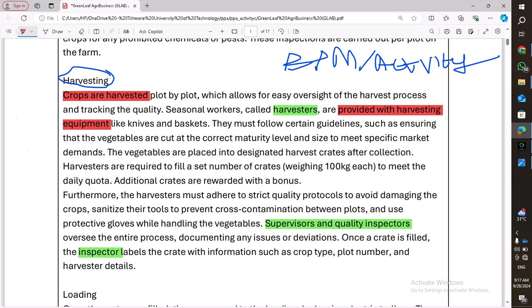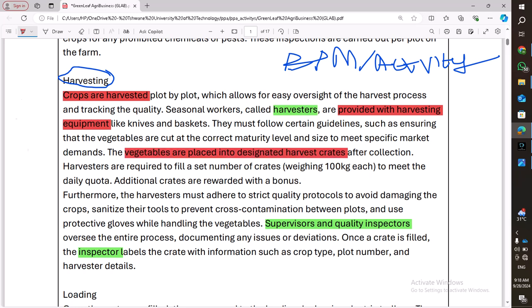They must follow certain guidance such as ensuring the vegetables are cut correctly, with the maturity level and size meeting the specific market demand. The vegetables are placed, after harvesting, after cutting the vegetables, they have to place the vegetables on the designated harvest trays.